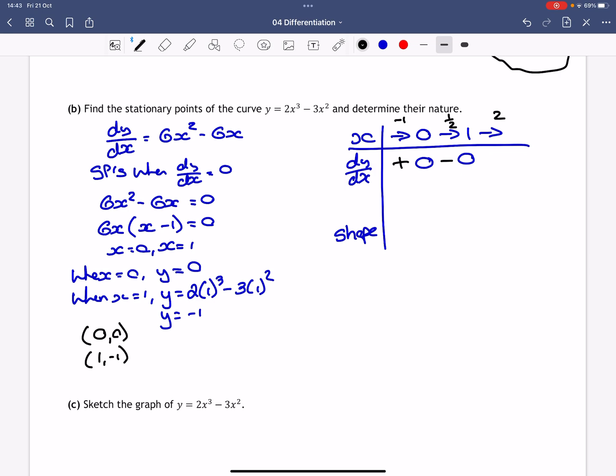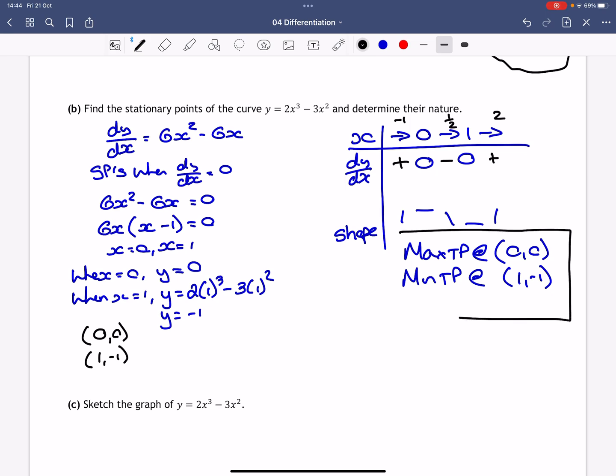And put 2 in. 2 squared is 4. 24 take away 12, which is positive. So the curve is going up, along, down, along, and up. So I've got a maximum turning point at the point 0, 0, and a minimum turning point at 1, minus 1.